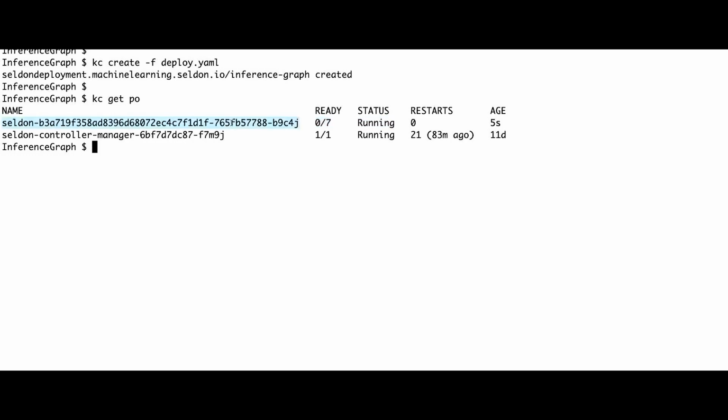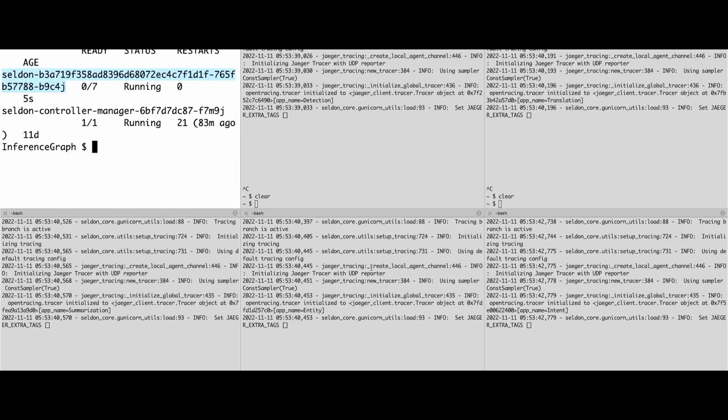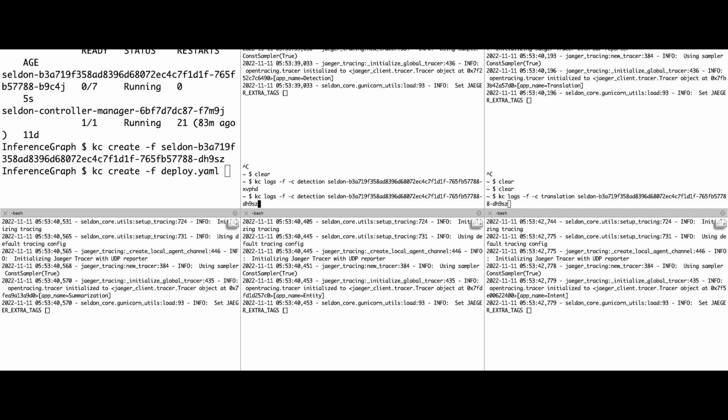Meanwhile, let's also check the logs from other services. All the other services are also up and running, and you can see the logs from these services.